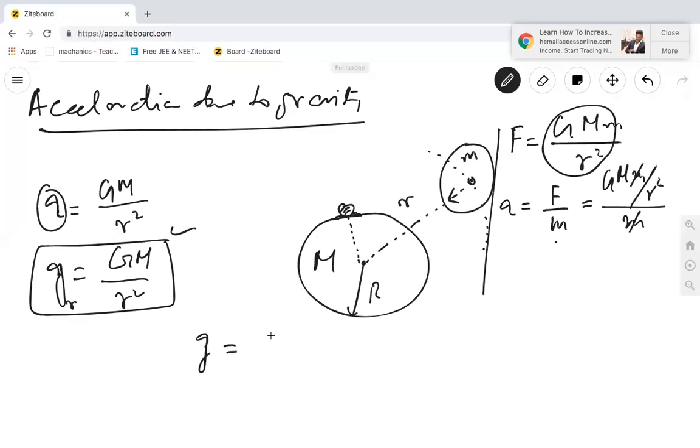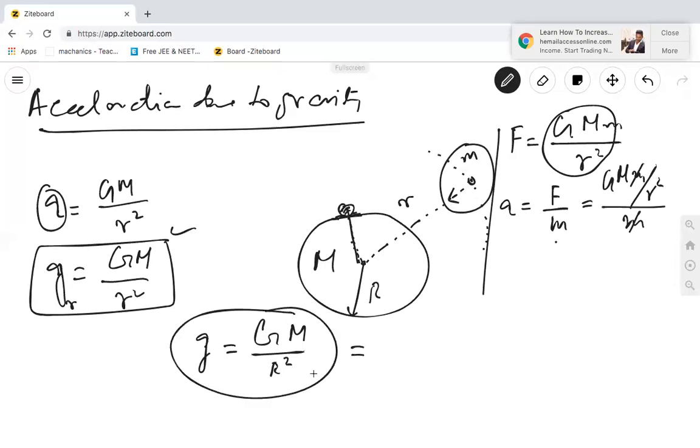It'd be capital G times the mass of Earth, and whatever the radius is between that object and the Earth. So the radius of the Earth. That's right, because the distance between the object and the earth happens to be the radius of the earth. Lowercase r is always measured from the center of mass. Of this little object, it is the object itself and the center of the earth. You take the distance between the two. This is the answer.